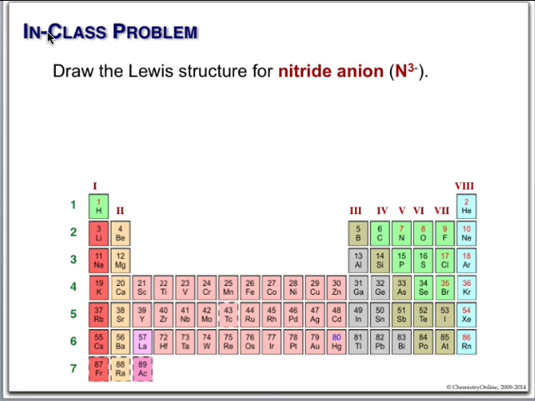Symbol is N. So you make your chemical symbol, and then we're going to put 5 electrons around it. We tend to say that this nitrogen has an unshared pair of electrons. That's the terminology we use. We'll see that when we build compounds.